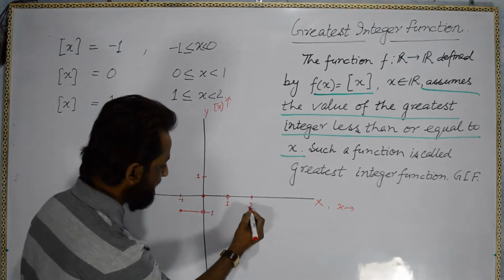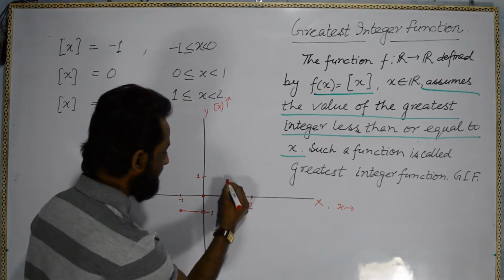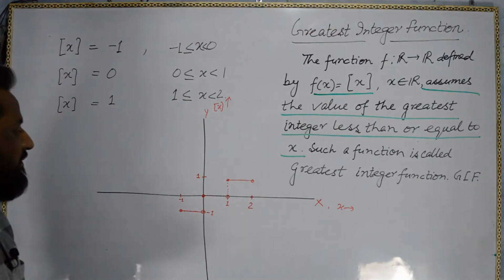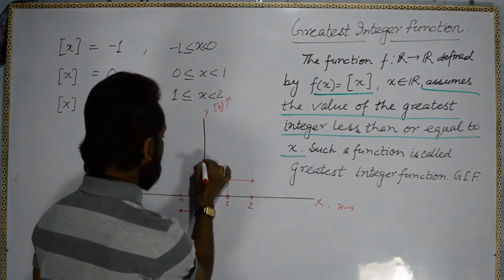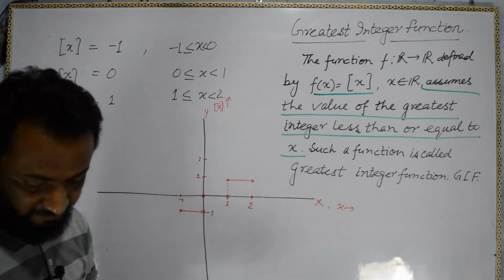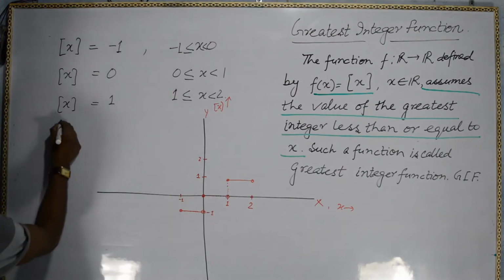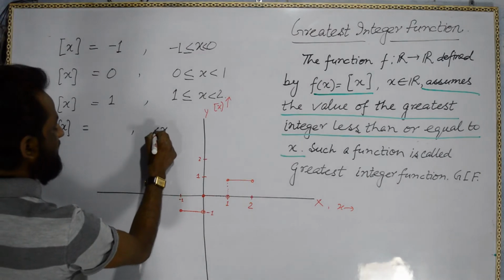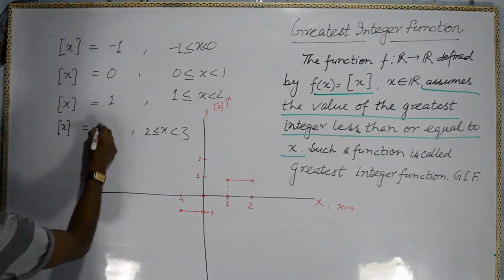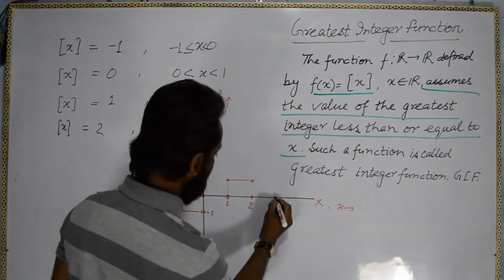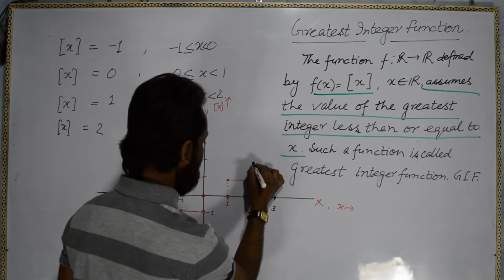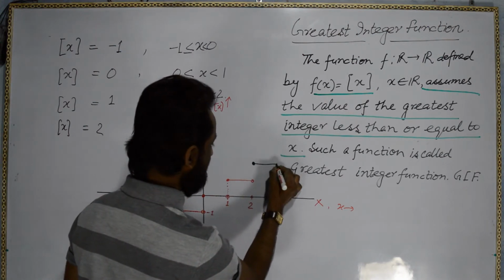It is trying to approach 2. In the same way, for x in between 2 to 3, it will be 2, so 2 will be here. It will start closed here, and since it is trying to approach here, it will be open.